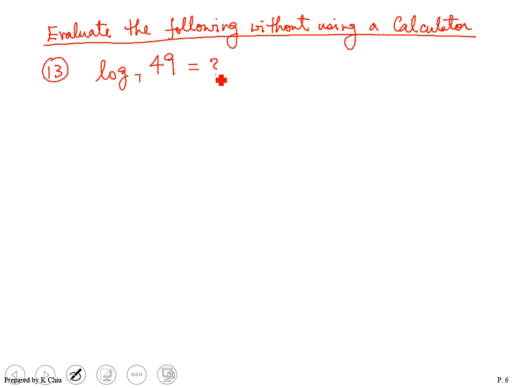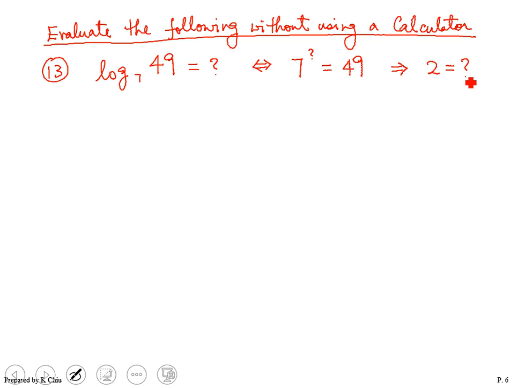Can I convert this back into the exponential form? We can make it 7 raised to the what equals 49. So now, can we identify what the question mark would be? 7 to the second is equal to 49. So the question mark indeed equals 2.